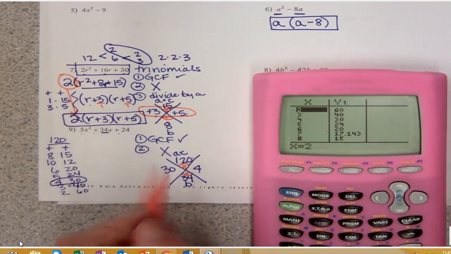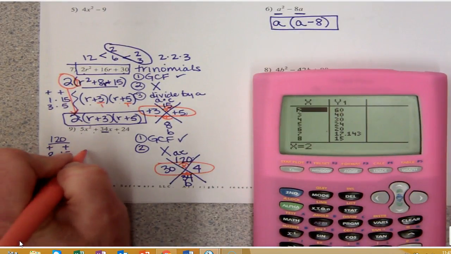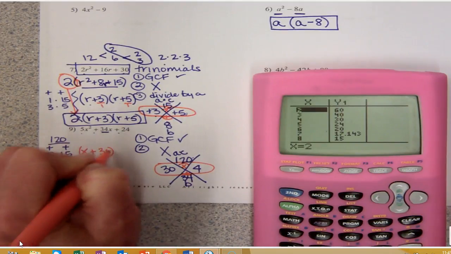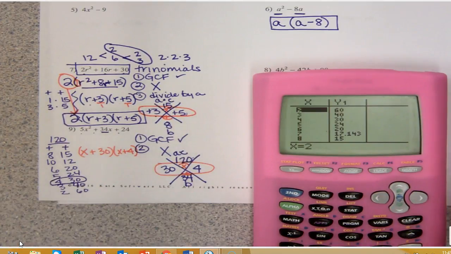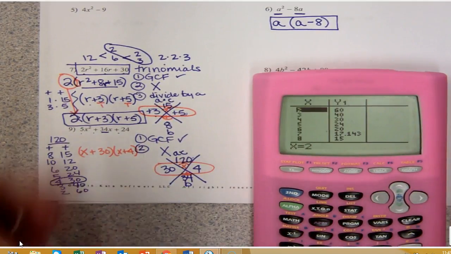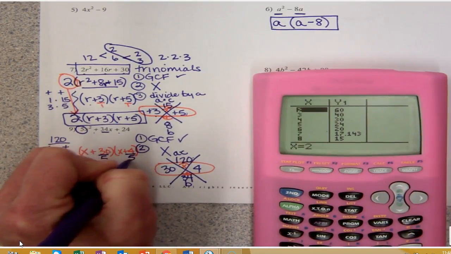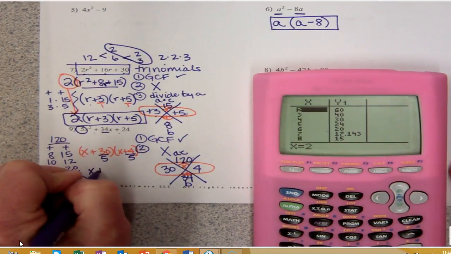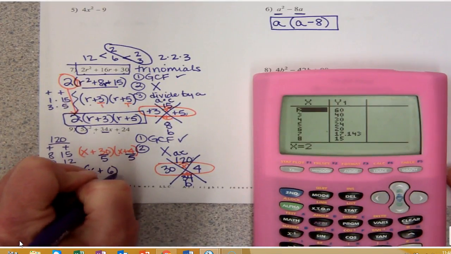So now I've got my factors of 120 that I'm going to set with x. So x plus 30, x plus 4. Then I have to divide by my a term. So when I divide 30 by 5, what am I left with? 6.